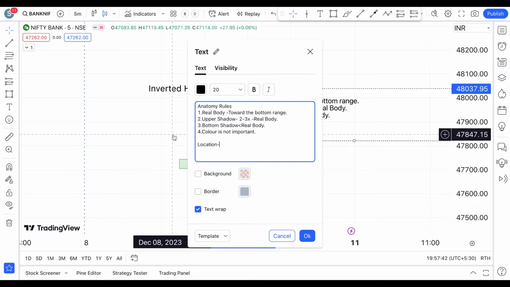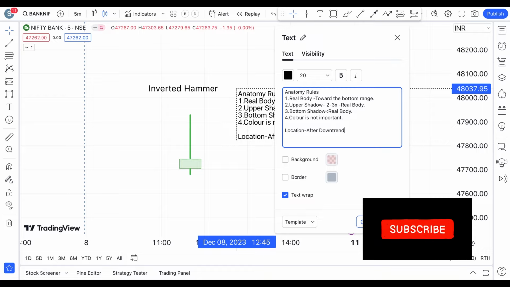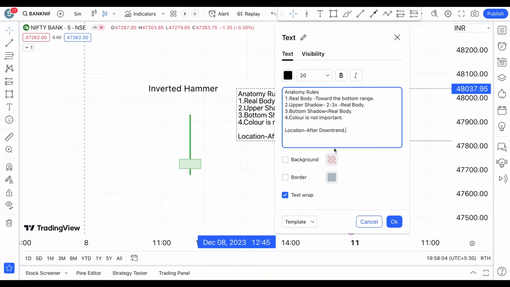In order for you to consider any candle that looks like this as an inverted hammer, it has to meet all these criteria parameters, and then it has to come after a downtrend. Only then can it be identified as an inverted hammer.